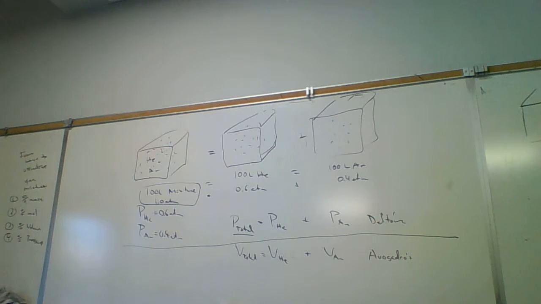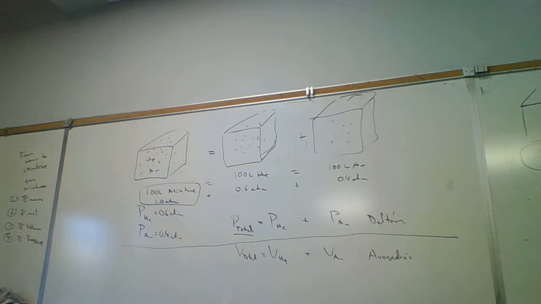What I need to do is maintain the pressure. So I have 100 liters of mixture at a total pressure of 1.0 atmospheres. It's the exact same thing, but now I'm going to split it up into two boxes. I'm going to have a box for helium.